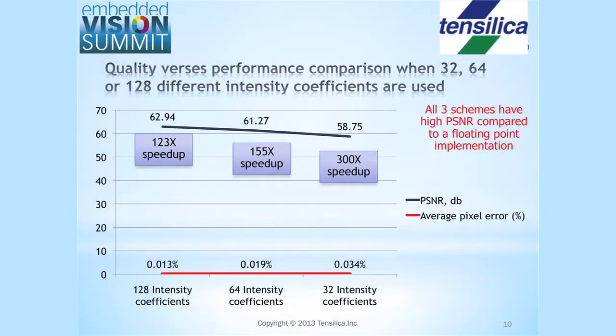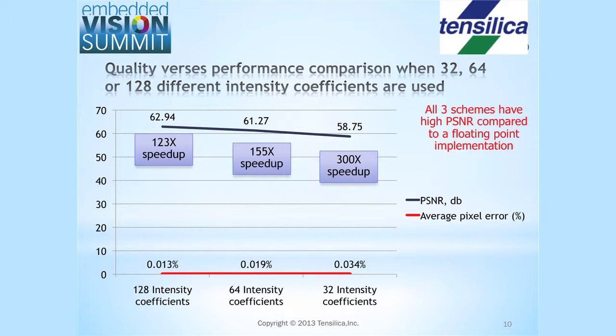And in fact, we looked at three cases, basically quantizing to 128, to 64, and to 32 intensity levels for that pixel difference. And what we found, in fact, is that we had very high PSNR levels. So PSNR here, this is varying from 59 to 63 dB of signal to noise ratio.